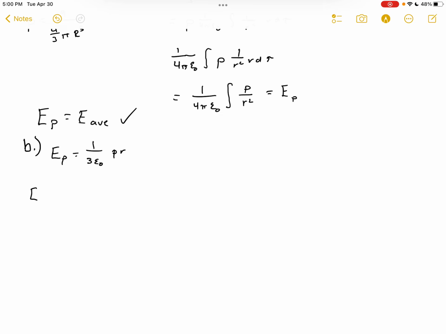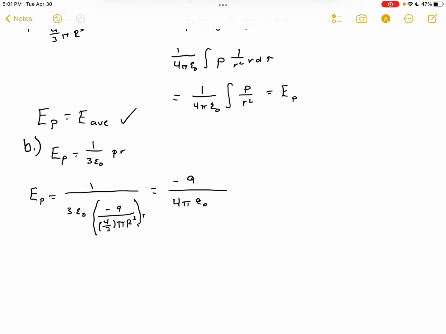So we get E rho is equal to 1/3 epsilon naught, negative q over 4/3 pi R cubed, times r, which equals negative q r over 4 pi epsilon naught R cubed, which equals negative p over 4 pi epsilon naught R cubed.